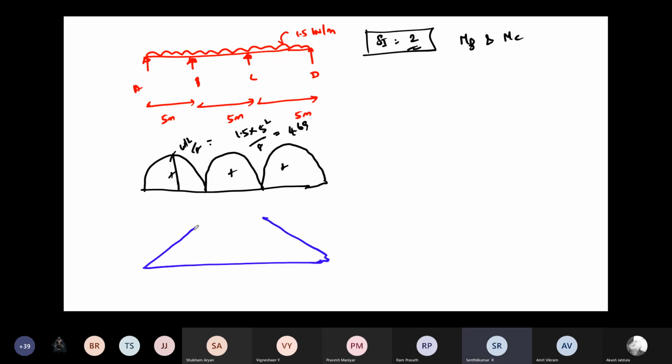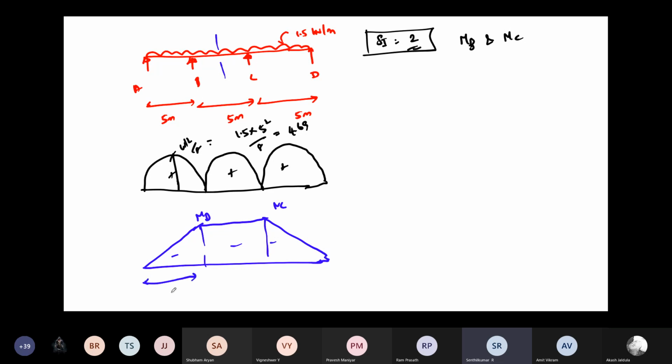But we don't know the values of MB and MC. But we can assume everything is symmetrical. I'm getting symmetrical here, here also symmetrical. So MB and MC can be the same value. It's not required, you don't need to draw a straight line and everything, but I'm just drawing here. I'm just telling the values can be there.